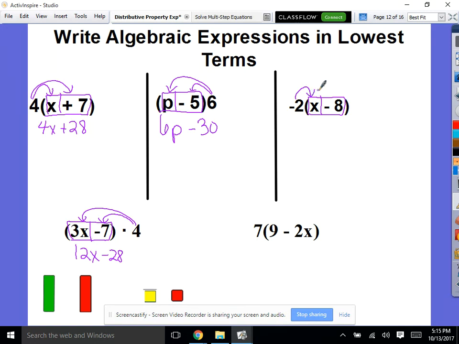Negative 2 times x is negative 2x. Negative 2 times negative 8 is positive 16. Last one, box in your terms. 7 times 9 is 63. 7 times negative 2x is negative 14x.